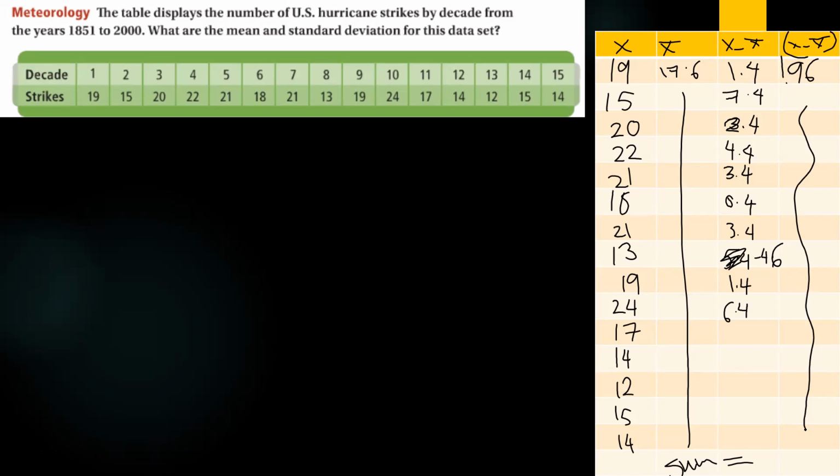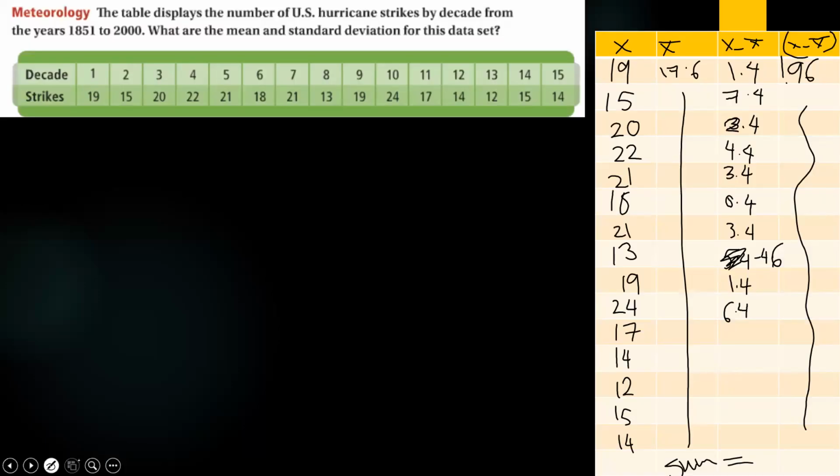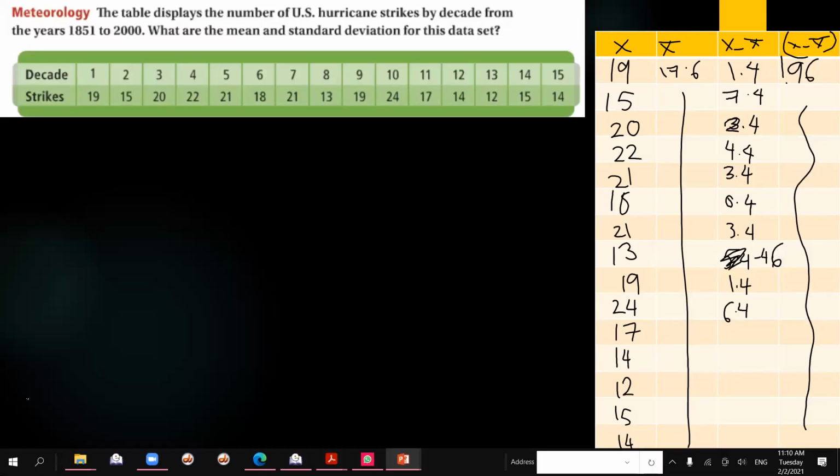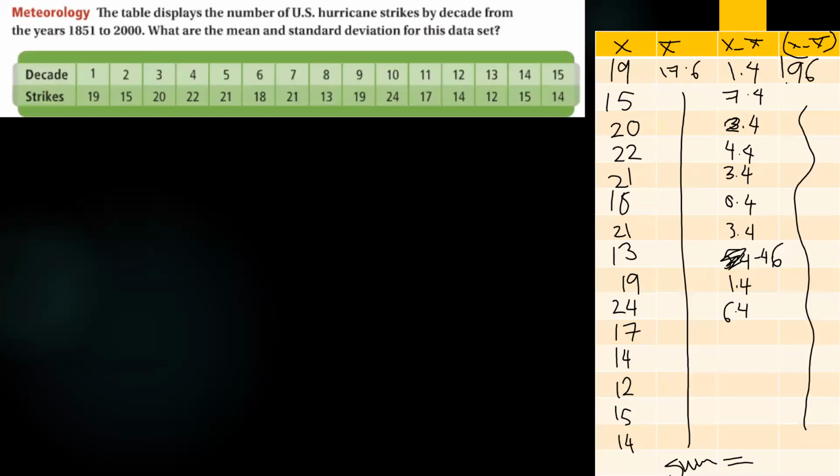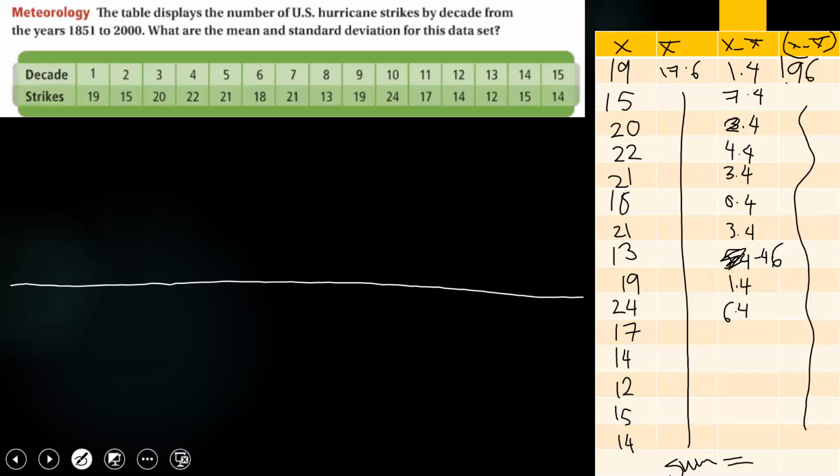within how many standard deviations from the mean do all the values fall? So what you have to do here is make a number line like this, and represent each value.